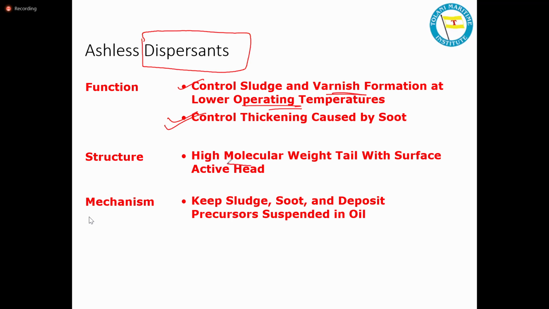The tail is a very high molecular weight, with a surface active head. The head will attach itself, and the high molecular weight tail is basically a long chain hydrocarbon. It keeps the sludge, soot, and deposits all suspended in oil.